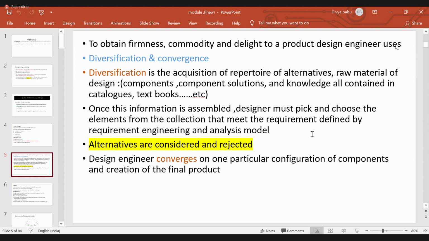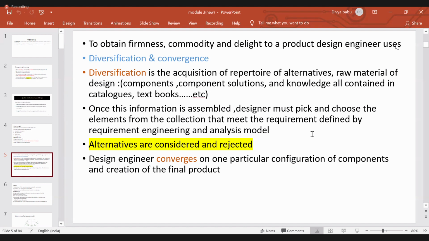That is, we are collecting the information from different places. Maybe you can go for previous knowledge, if existing things are there, and go for it. And you can go for the catalogs, textbooks, whatever resources you can collect. It's acquisition of a repertoire of alternatives, raw material of design. So you can collect the information from different resources.